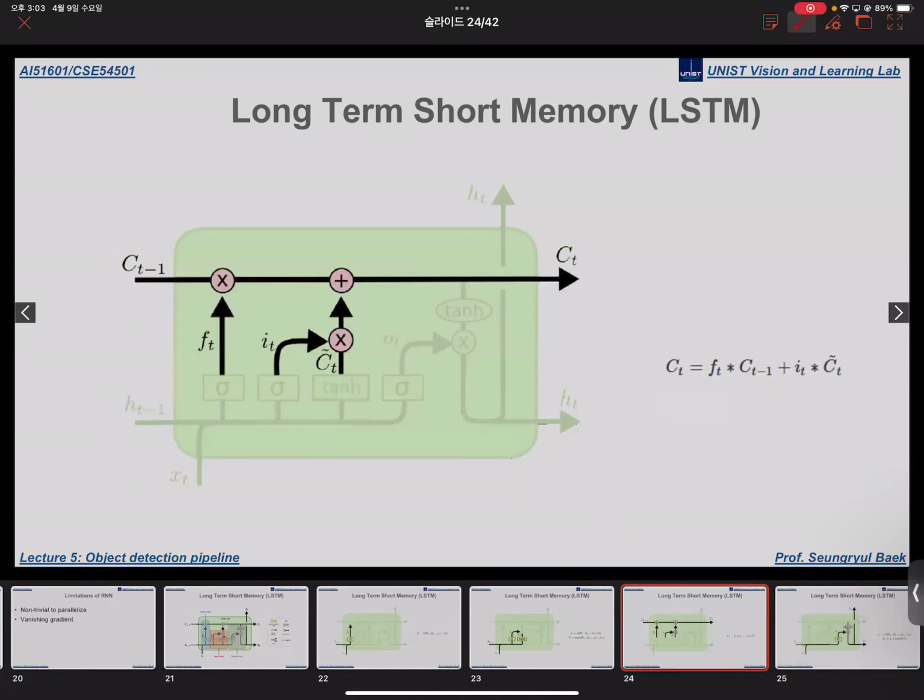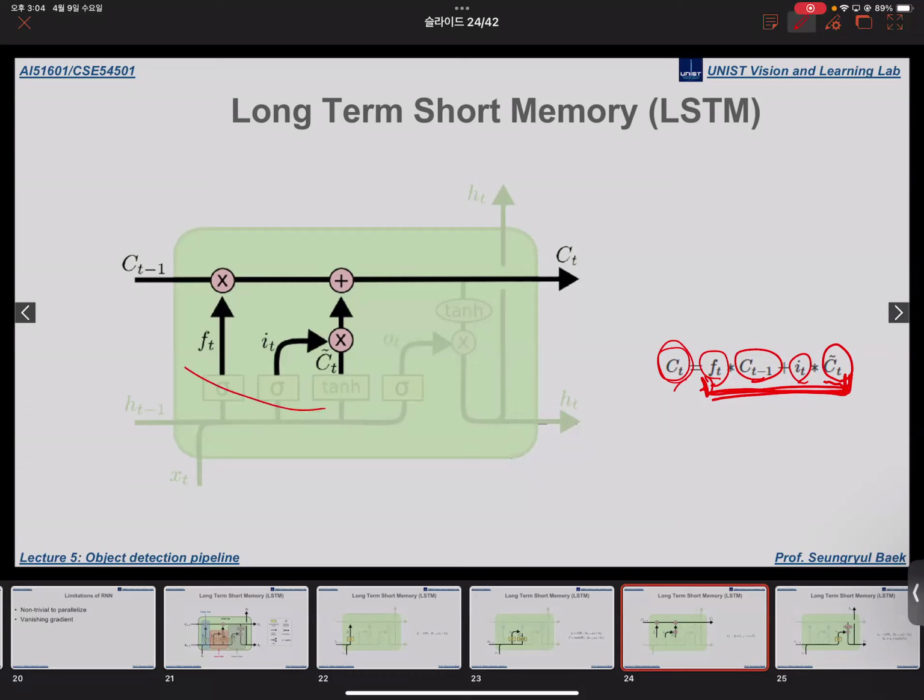But we will not use this C tilde directly. Instead, we combine it with the previous cell state multiplied by the forget bit, and also the current step's cell state multiplied by the information bit. Then we take a weighted sum of the previous cell state and the current cell state to generate the current cell state.